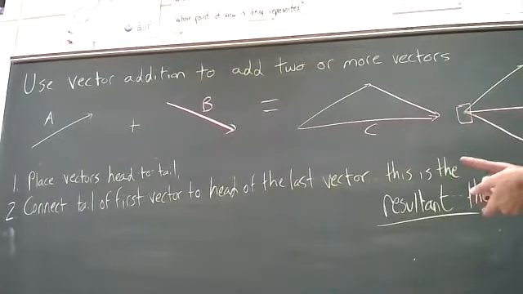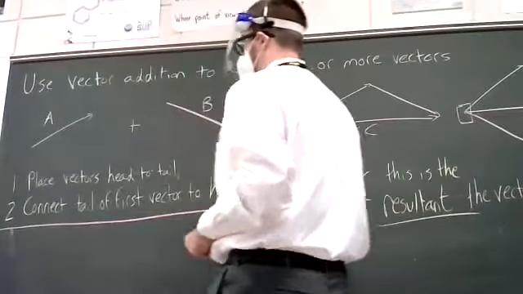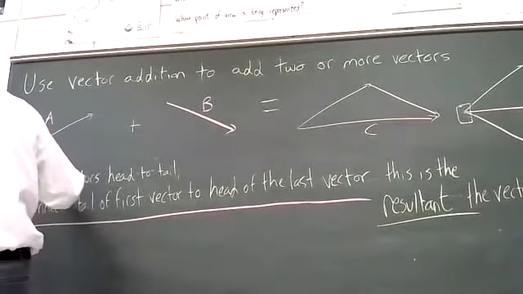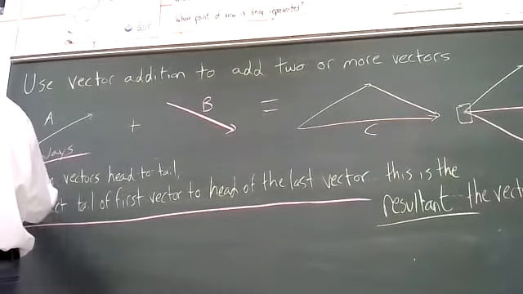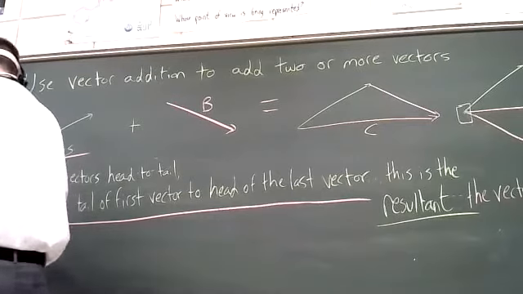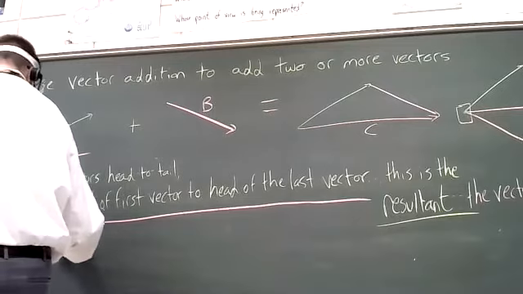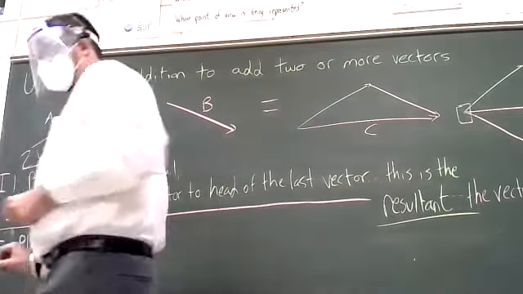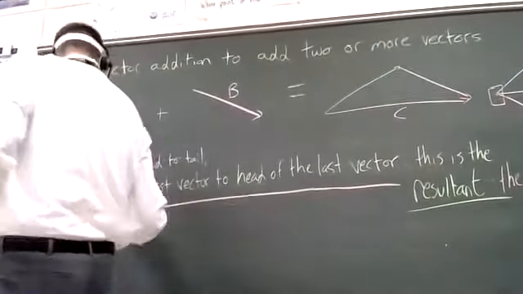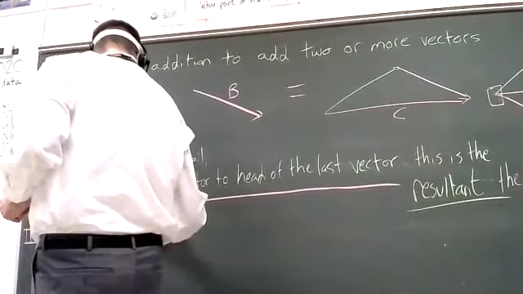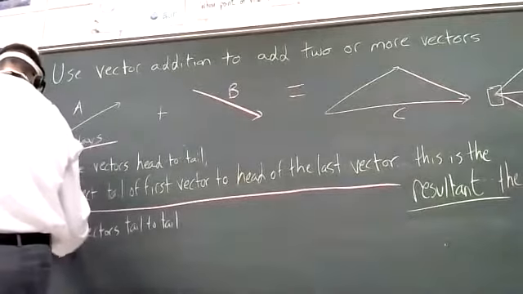So let's say two ways. This is way number one. Method number two. Place vectors tail to tail.